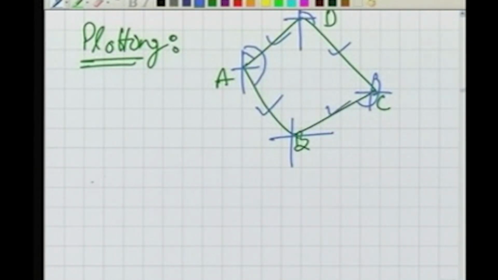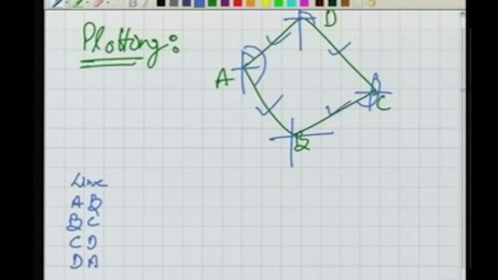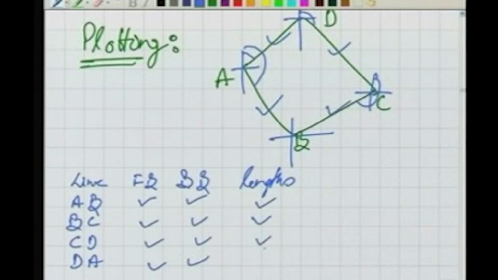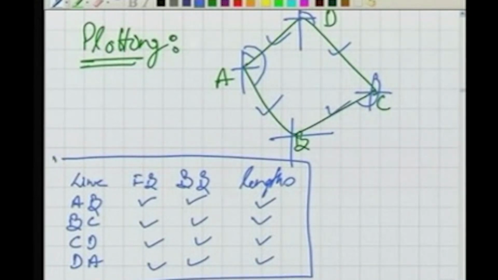So we can write the lines as AB, BC, CD and DA. We can write their fore bearing and back bearing, whatever the values are, as well as their lengths, whatever the unit. This is the field observation table which you are getting from the field.